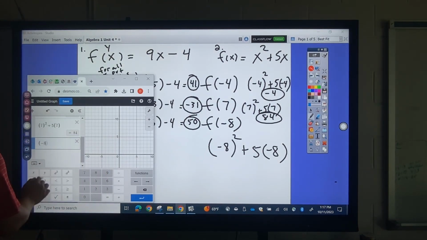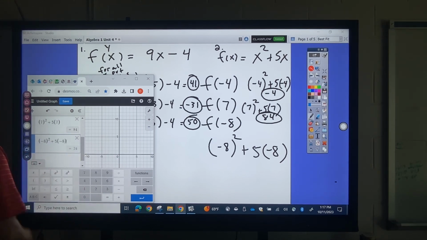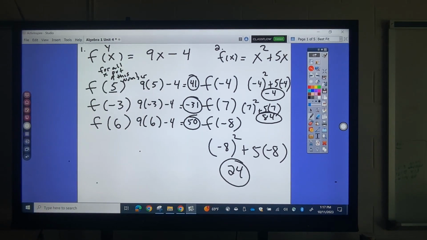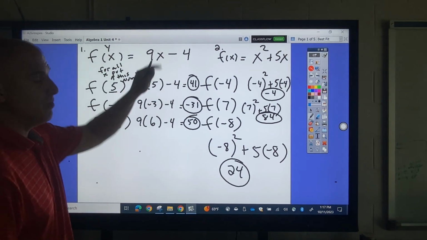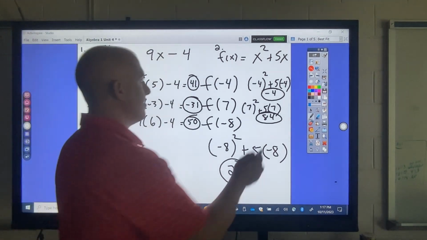Parentheses negative 8 squared plus 5 parentheses negative 8. That's 24. Okay? All right, so every spot there's an x, you put that number with the parentheses and calculate it. Okay? So go to Go Formative. There's a couple to do in there.